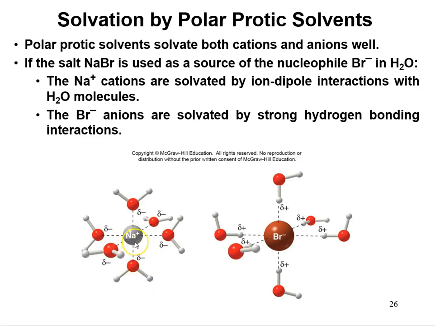Since sodium is positive, it is the partially negative oxygen interacting with the positive sodium. Looking at the image to the right, it will be the partially positive hydrogens interacting with the negative bromide.